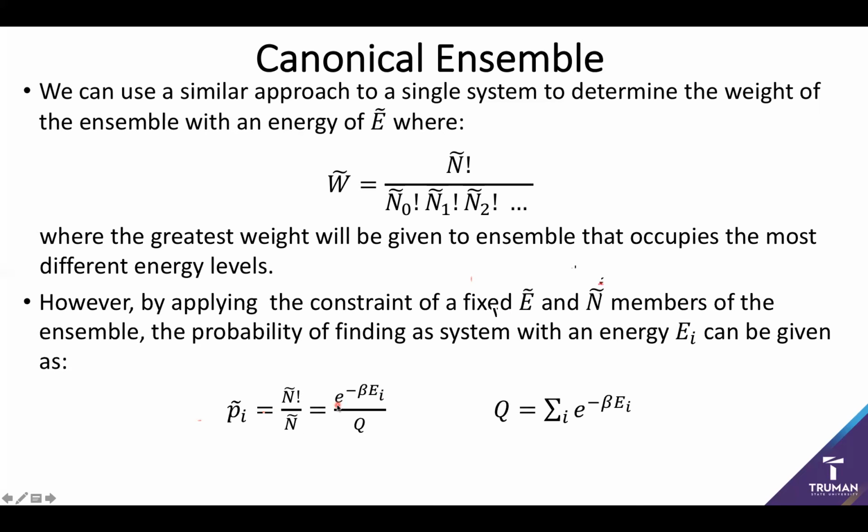Similarly, we can then predict this probability based on the energy of state i using an exponential function, and then normalizing with the canonical ensemble partition function, where uppercase Q denotes the canonical ensemble partition function, whereas lowercase q represents the molecular partition function. And we can get the canonical ensemble partition function simply by summing over the energy of each individual system.